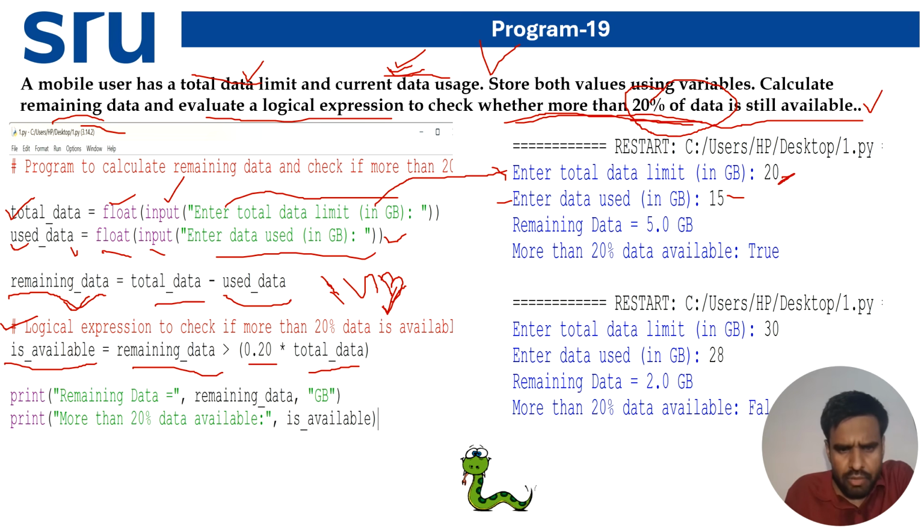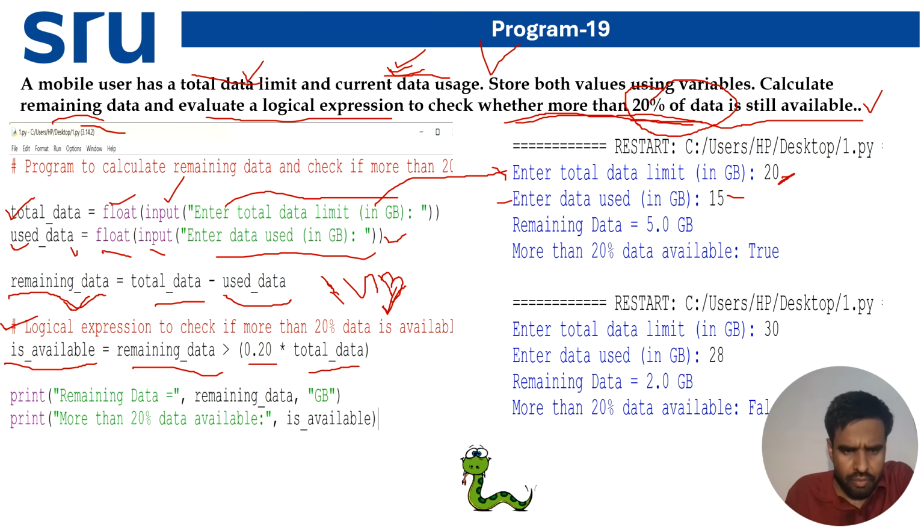So if the remaining data is greater than 0.20 into total data, it will give the result.